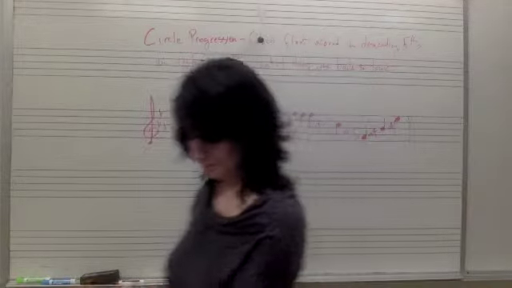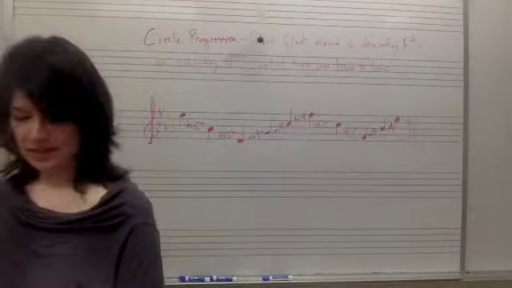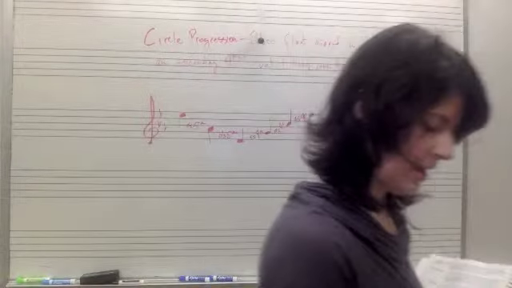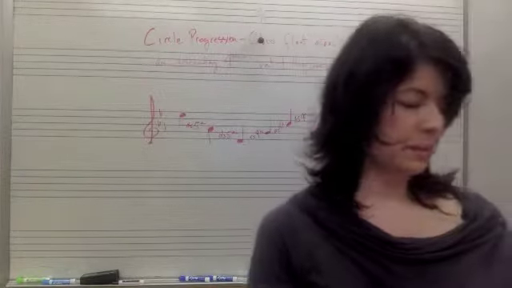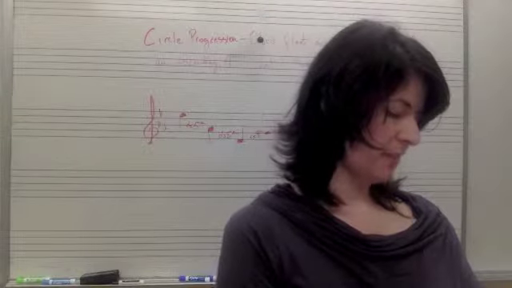All right, so that's the essential element of a circle progression. It's made up of descending fourths and perfect fifths.